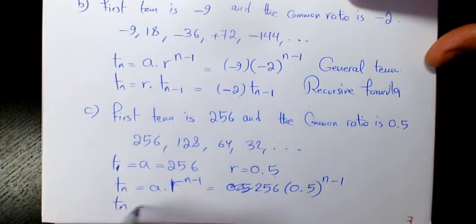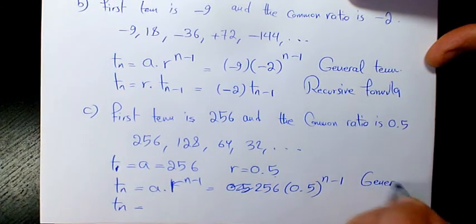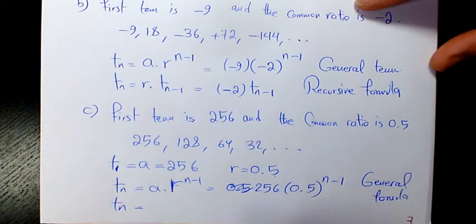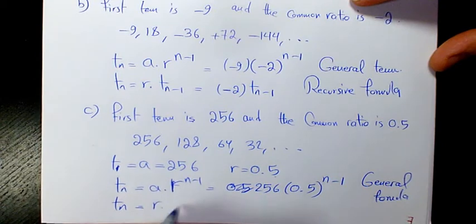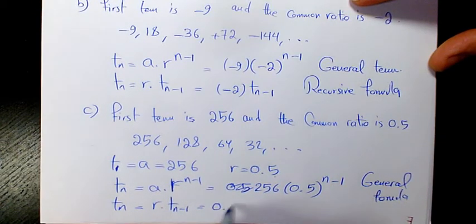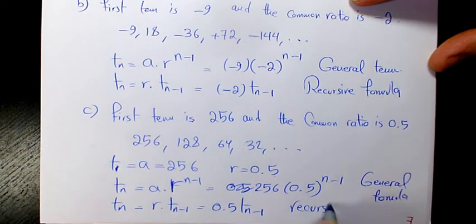This is the general formula. Tn equals r times Tn minus 1, where r is 0.5. So that's going to be the recursive formula.